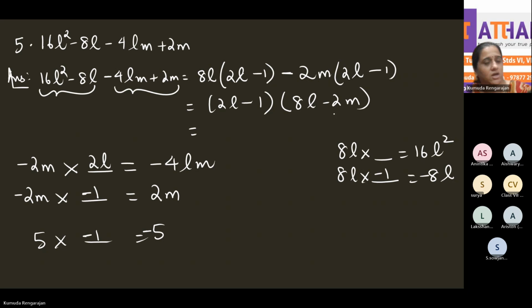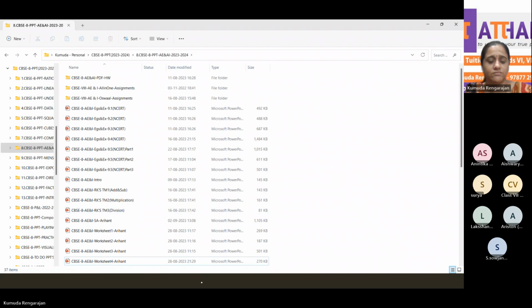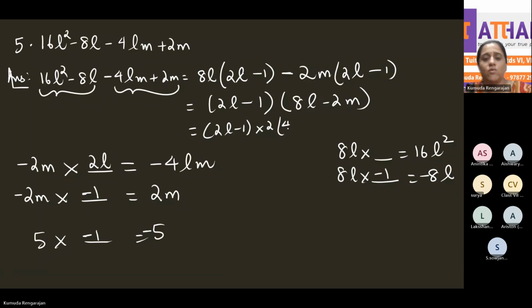So 2L minus 1 into 2 is common. What do you have in the bracket? 4L minus M. So you can put the 2 outside here: 2 into 2L minus 1 into 4L minus M.